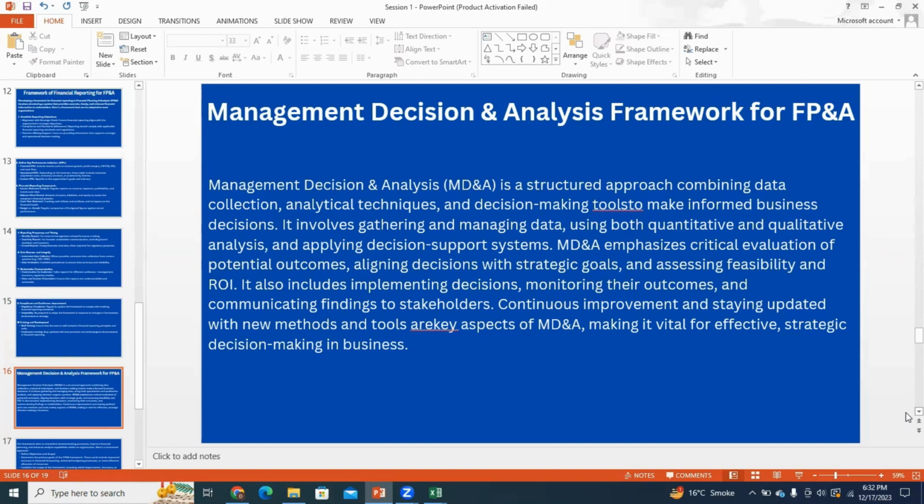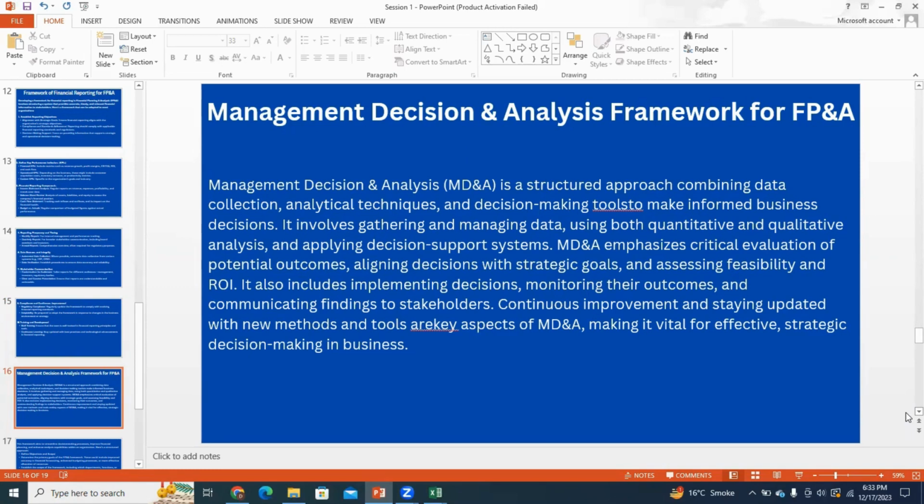Return on investment is very important. As all of the participants have invested in this course, they should get a better result, a better return. I hope at the end of the course they get a better return on their investment. It includes implementing decisions, monitoring their outcomes, and communicating findings to stakeholders.